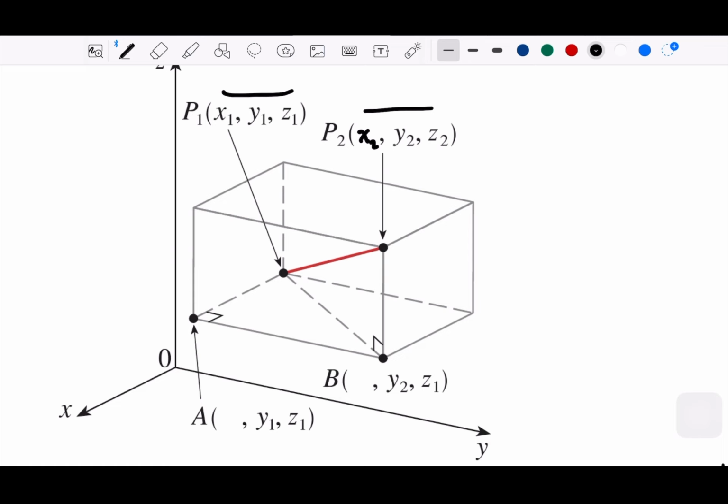Okay, how to find the distance? Basically, oh wait, this is not x2.